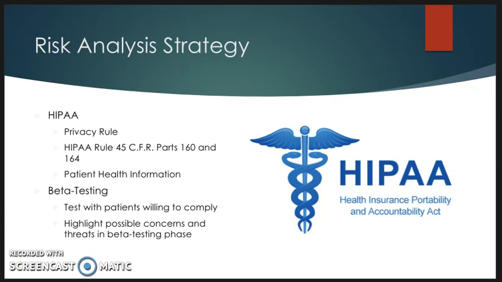Related to this implementation, we would need to consider any HIPAA violations, specifically HIPAA's privacy rule, related to the use of patient health information, or PHI, and HIPAA rules subarticles 45, parts 160 and 164. These issues all specifically highlight how to confidentially use and maintain patients' health information, as well as ensuring its security.